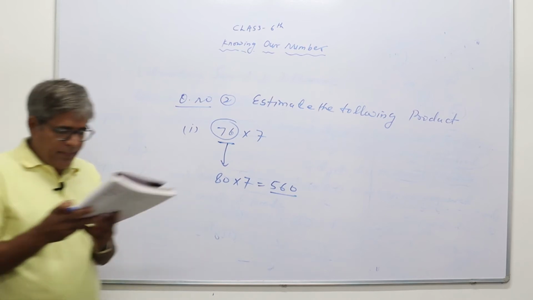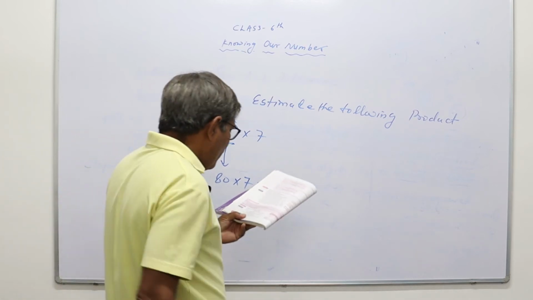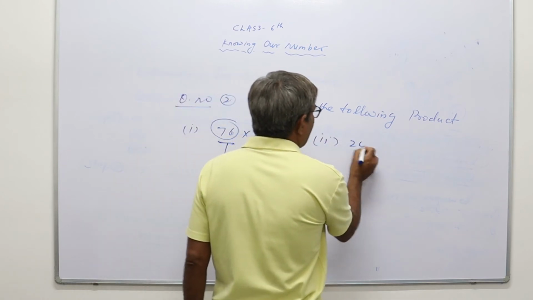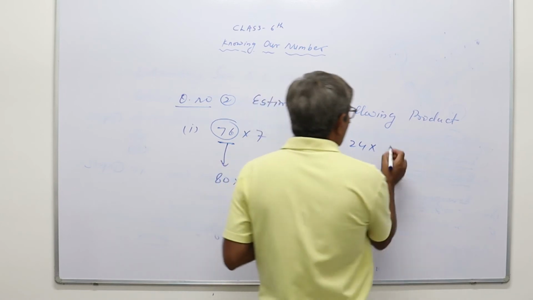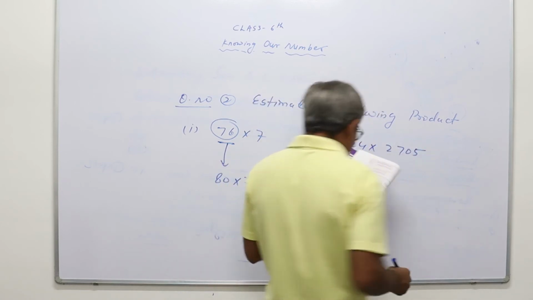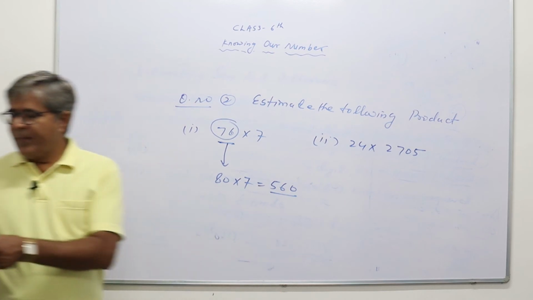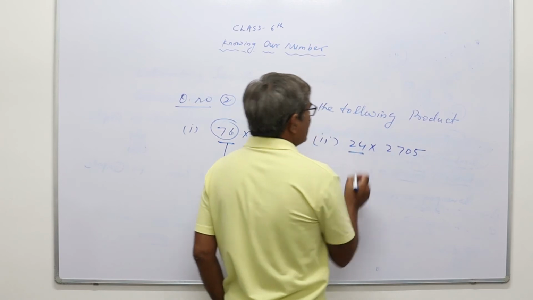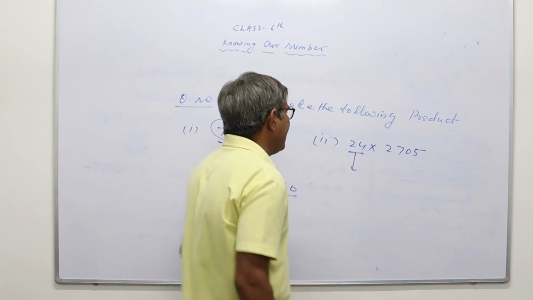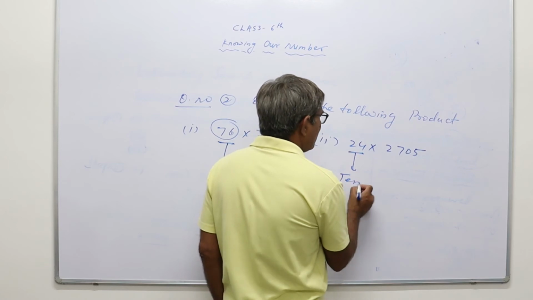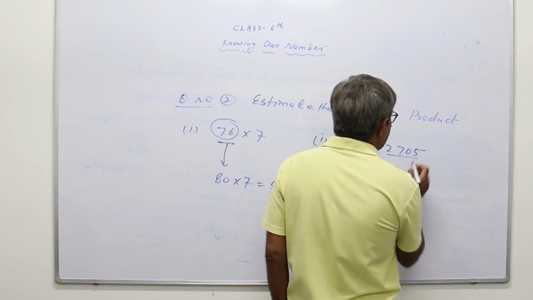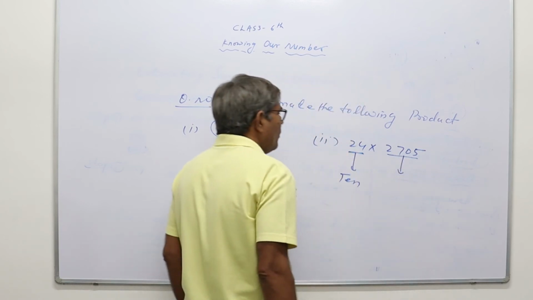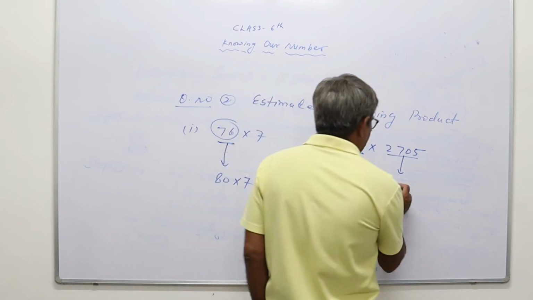Now next question, if we have to find the product of the given numbers 24 into 2705. Now see, the first number contains 2 digits, so it will be estimated to nearest 10, and the next number contains 4 digits, so it will be estimated to nearest 1000.